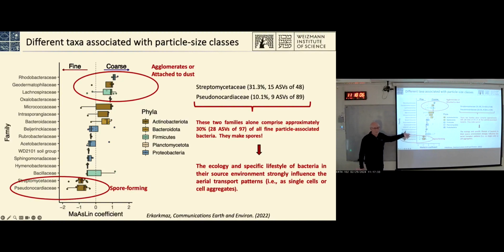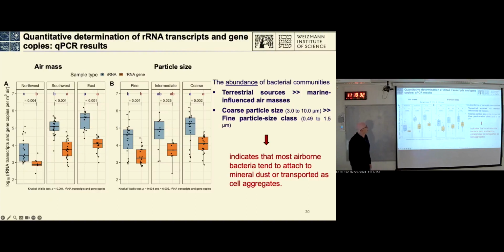And we believe that the fact that they can form spores or that they attach to the large particles are mechanisms that allow them to protect themselves from the UV radiation and also from the dry conditions of the atmosphere, and potentially help them stay viable for the transport of a few days from the Sahara to their deposition place.